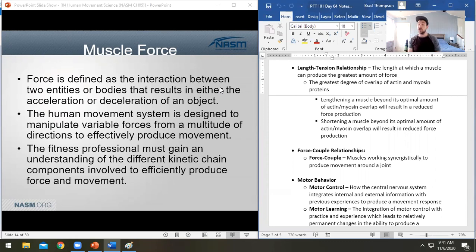So your muscles, because of those actin and myosin proteins that we talked about a couple of days ago, are able to bind to each other and pull. That creates a shortening. That would be force production. And if those fibers are pulling apart and lengthening, that would be force reduction. And if they're holding it in place, that's force stabilization.